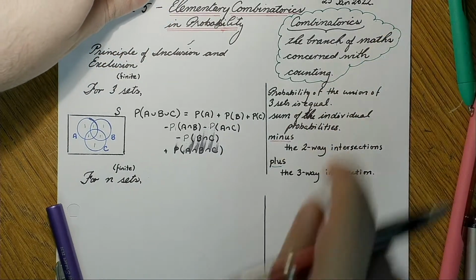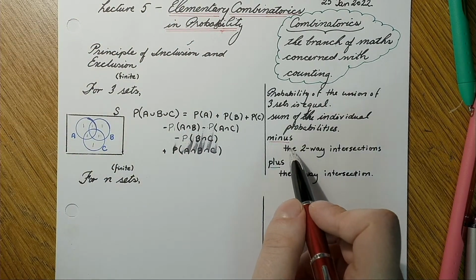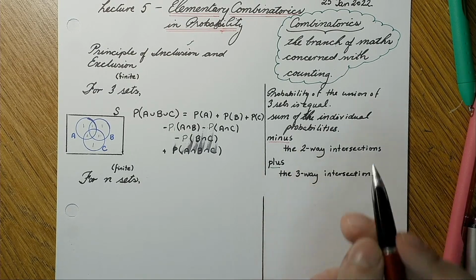Okay. So there is a pattern that starts to form. So you'll have minus the two-way plus the three-way.